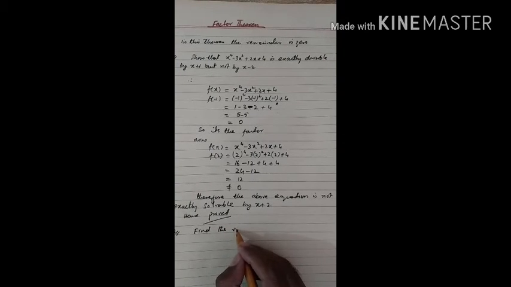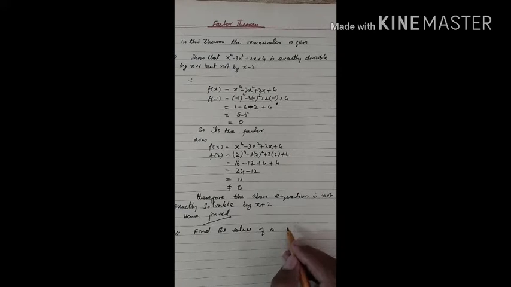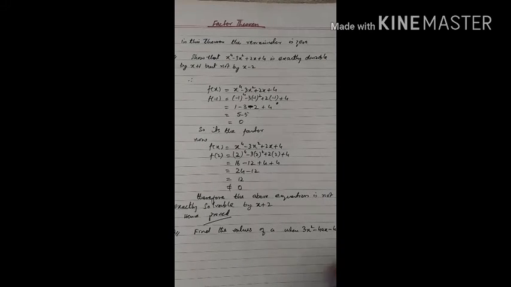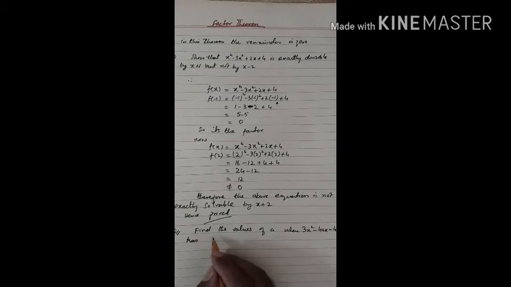Find the values of a when 3x square minus 4ax minus 4a square has a factor x plus 2.